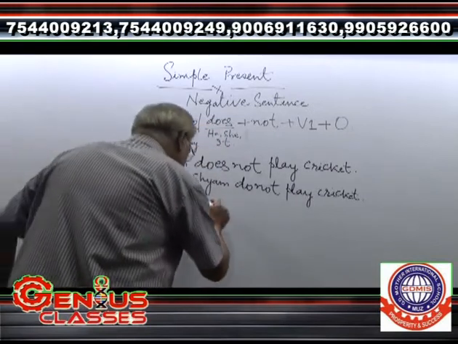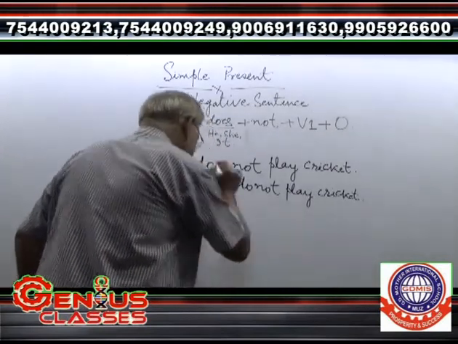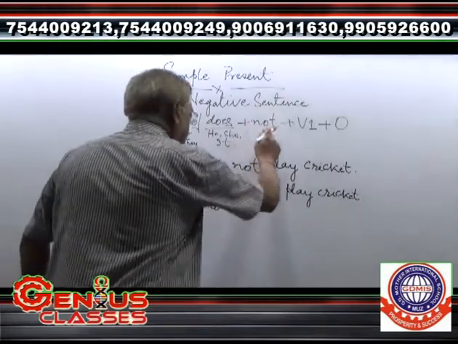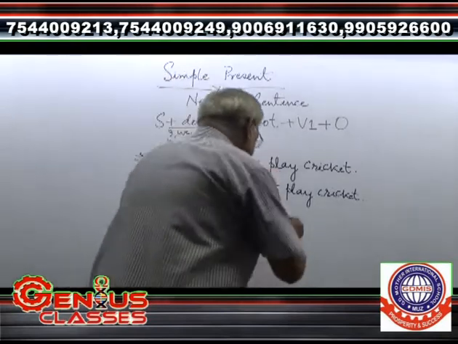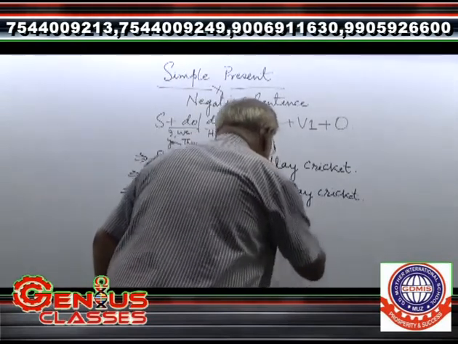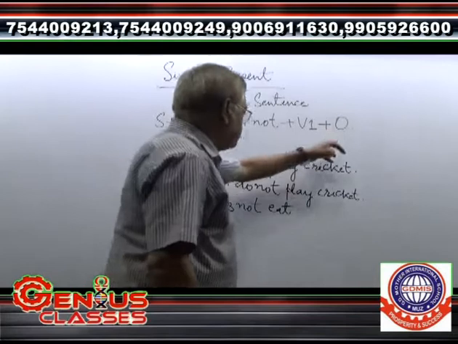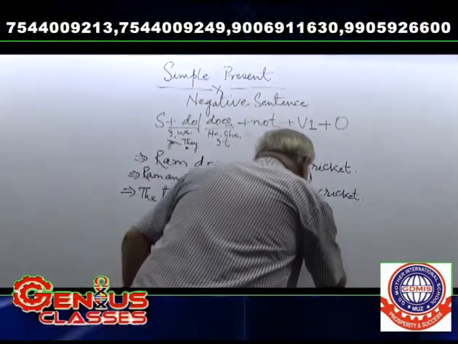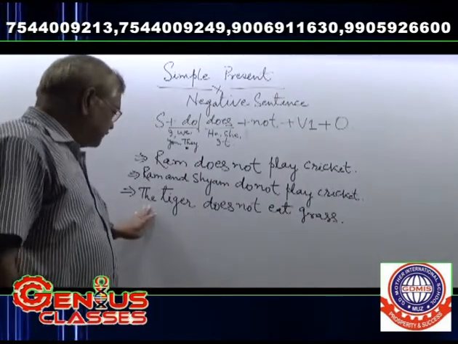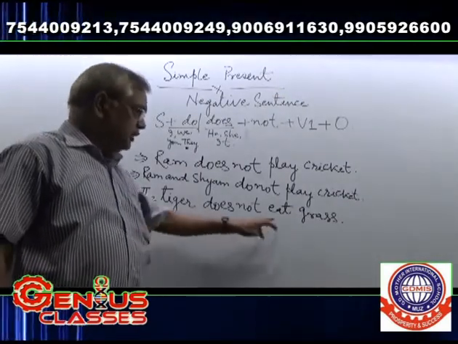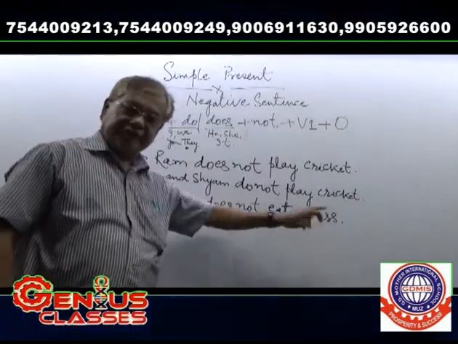So we shall also write does, then not, then the verb, then the object, which is grass. The sentence says: The tiger does not eat grass.